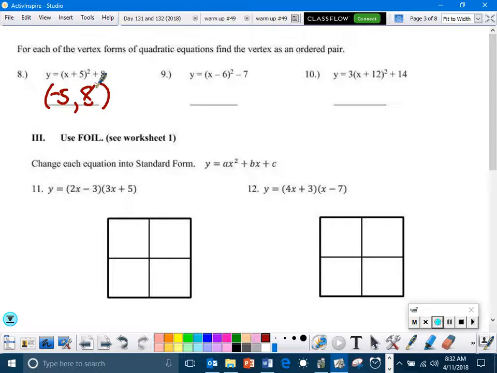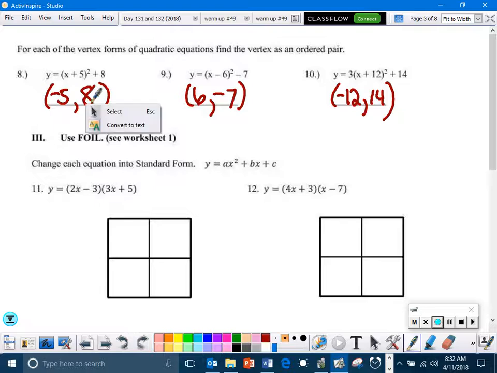So -5, 8 is your vertex. Okay, the next one, +6, and the y value is -7. And then number 10, same thing. The x value is -12, and the y value is 14. All right, let's move on to the next part.